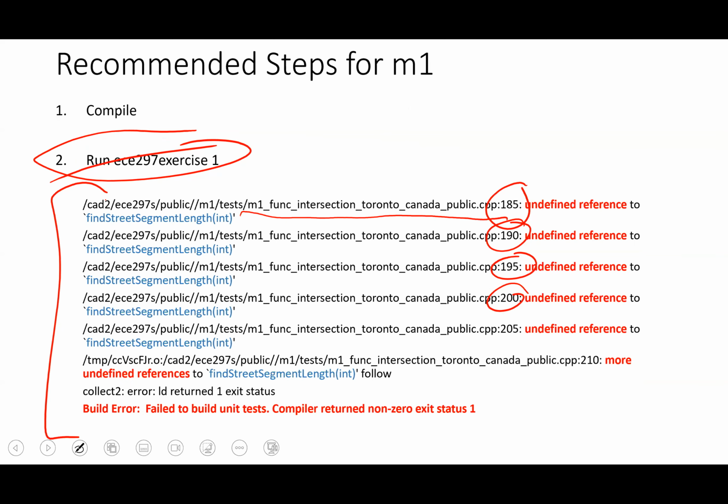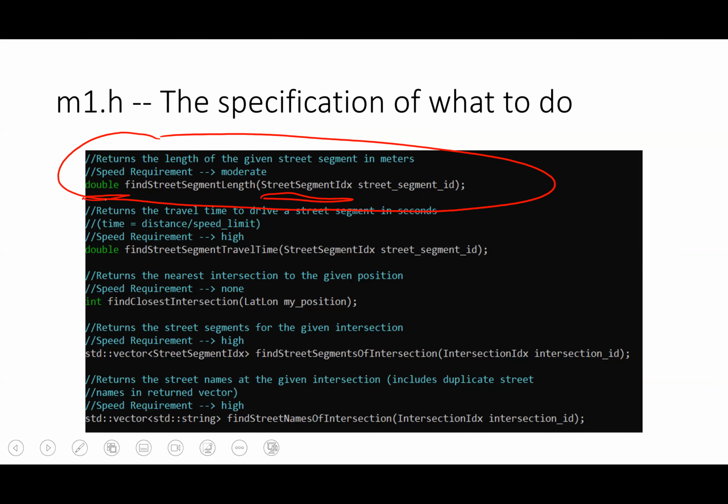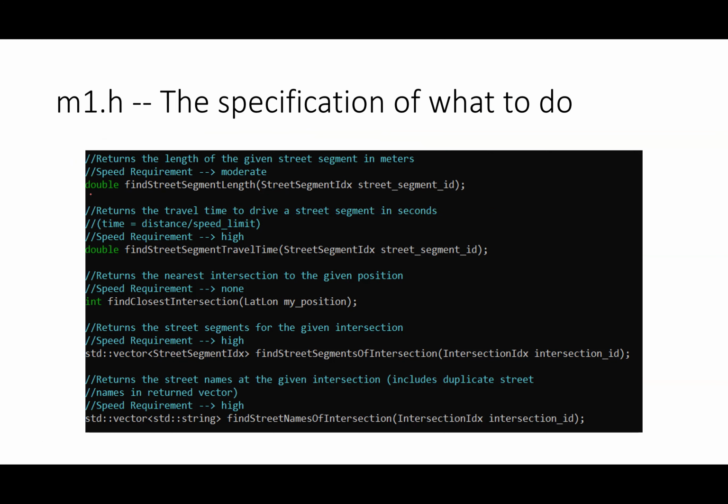Yeah, okay, returns a double. Remember, street segment index is just an int. So that's why when it said this function doesn't exist, it said this name, taking an int, can't find it. So I got to write this. Now, if I do write this and I compile, what I'm going to get next is actually errors on this one. Okay, it's going to say, well, that one doesn't exist either. And some of our tests are trying to call it.